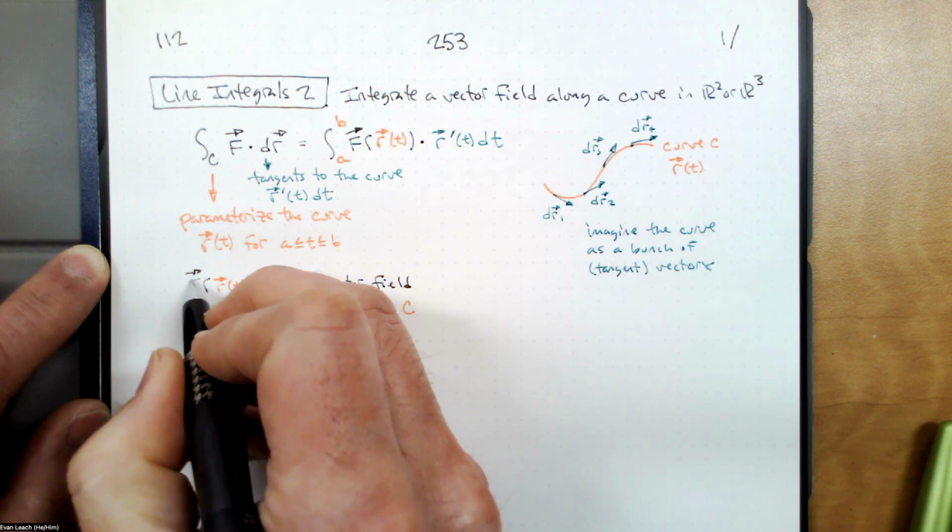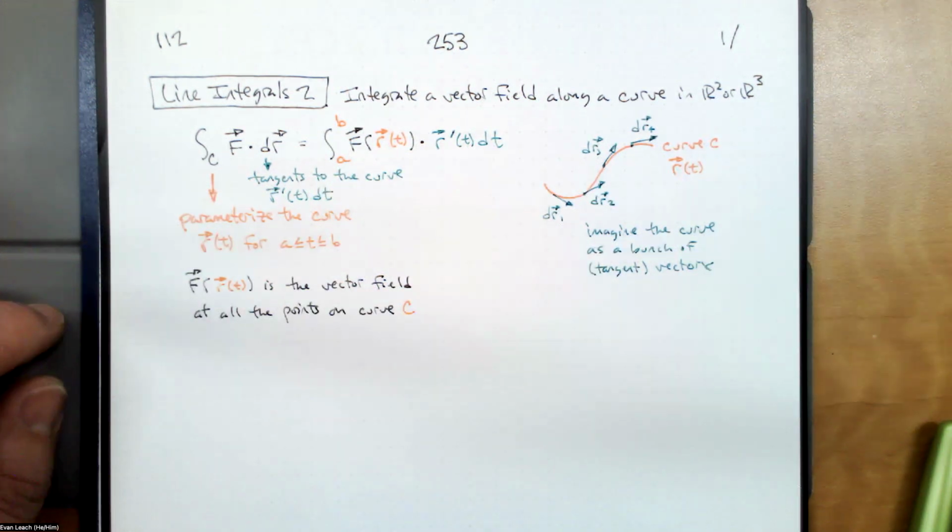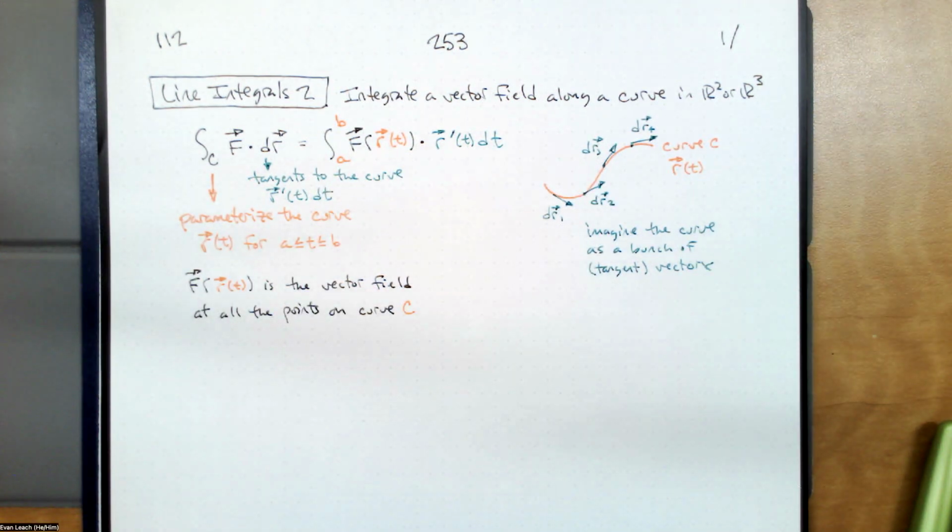So this factor f at r of t is the vector field at all the points on the curve C. And this is the dot product with the direction of the curve.